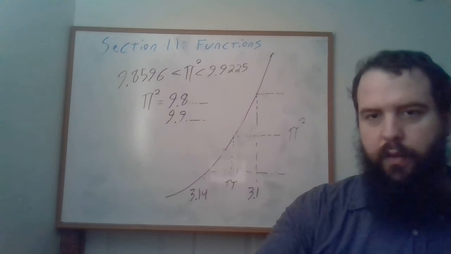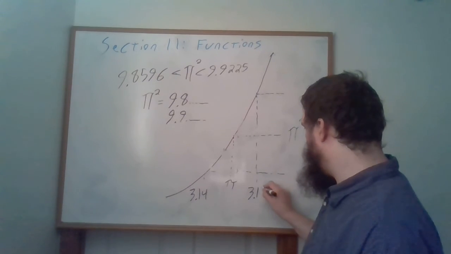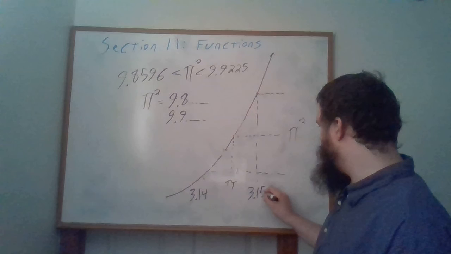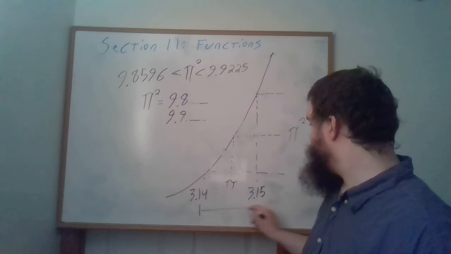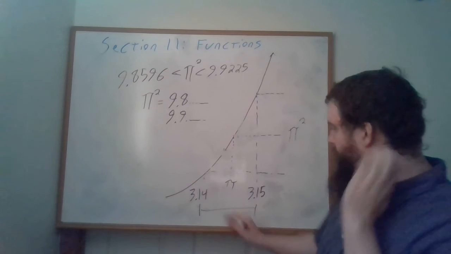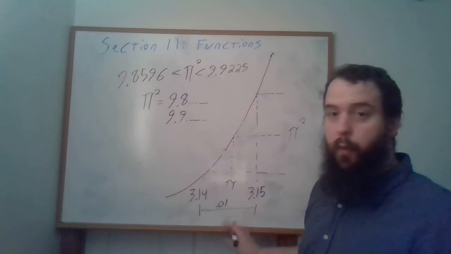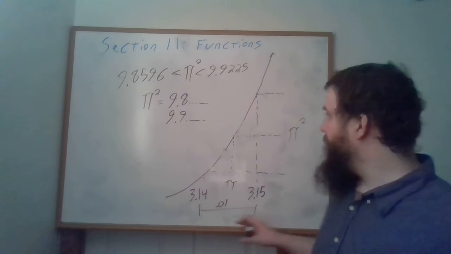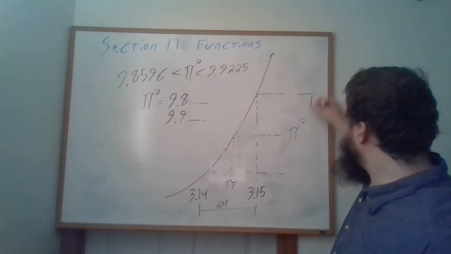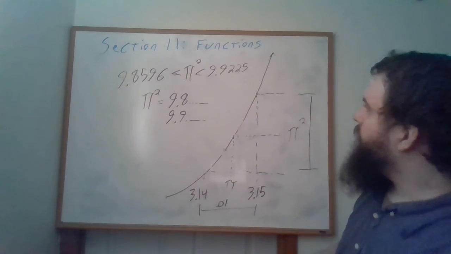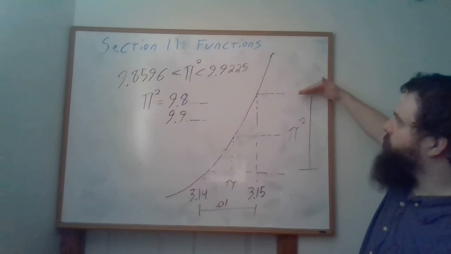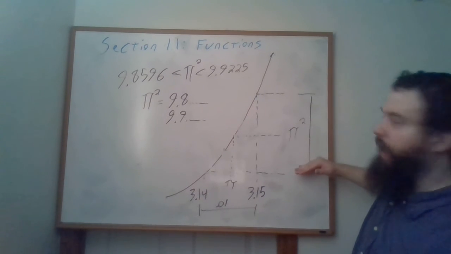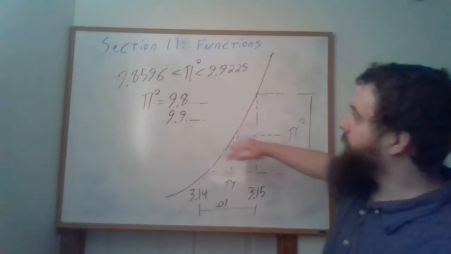Go back to 3.14 and 3.15. This distance here is 0.01. It's 1/100th, right? And this distance here wound up being, well, this y value is 9.9225, and this value here is 9.8596.